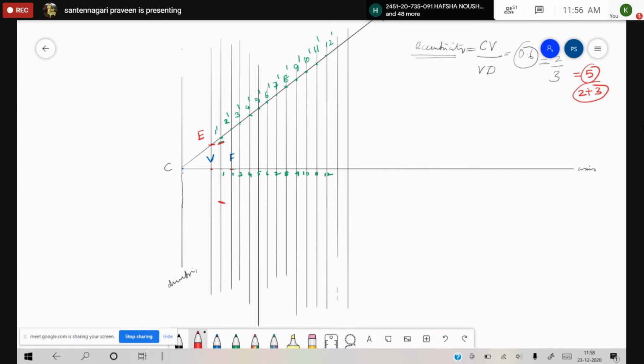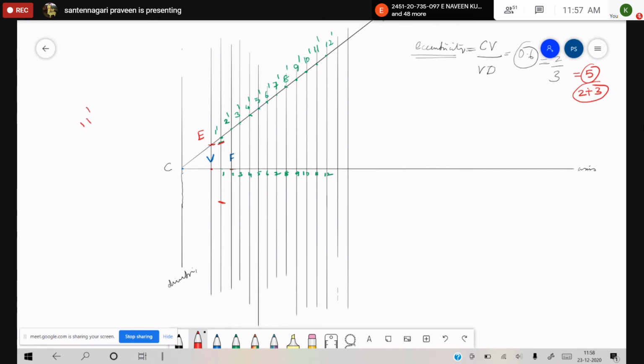Sir, once again, please repeat. With F as the center and 1, 1 dash as radius, cut an arc on line 1 on both sides. Is it okay? Yes, sir.